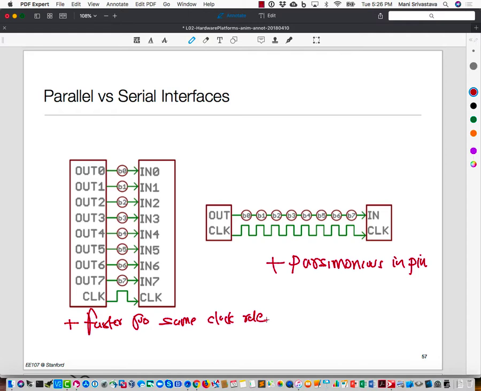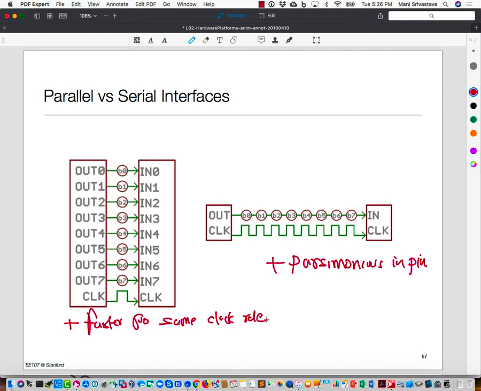Just think of it this way: the speed of light is 3 × 10⁸ meters per second, which is roughly 10⁹ feet per second, so 1 nanosecond is roughly 1 foot.